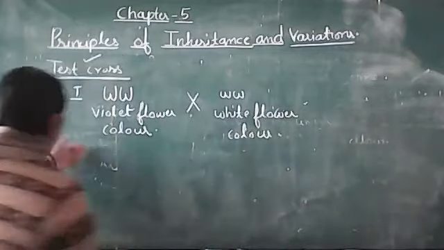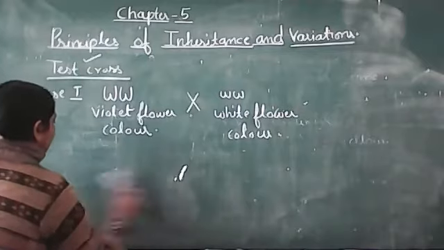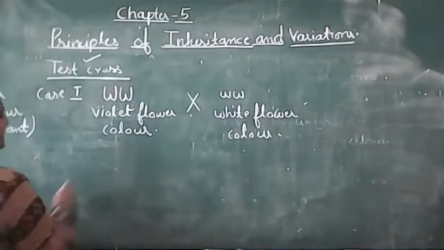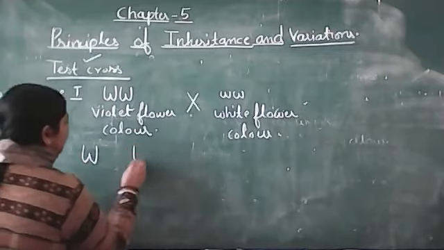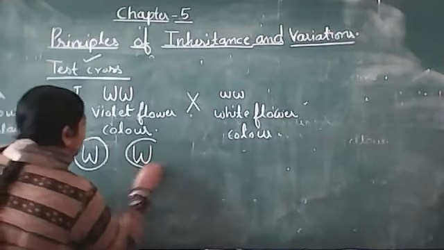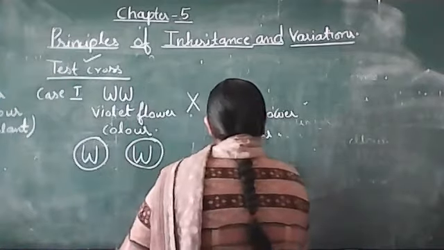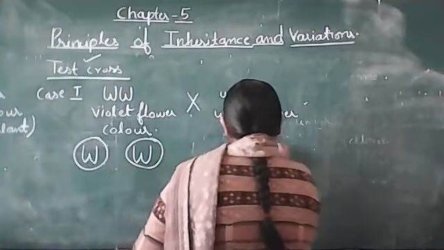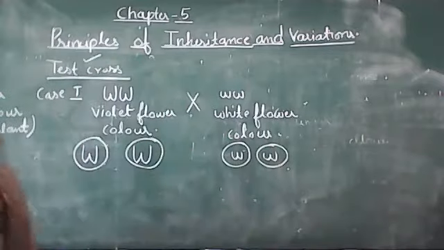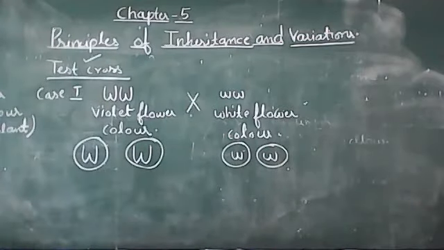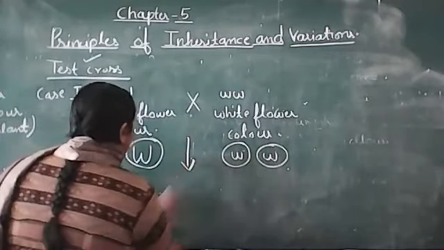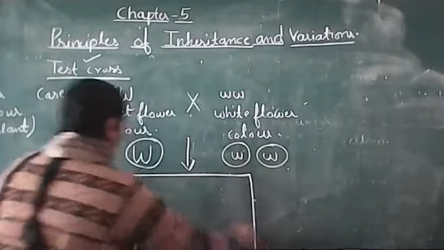So here what you see is that in violet flower color we have two alleles, and both are similar, that is capital W and capital W. And in case of white flower color, we also have two alleles, which are homozygous, and these are small w. On the basis of this, we can easily construct a Punnett square.